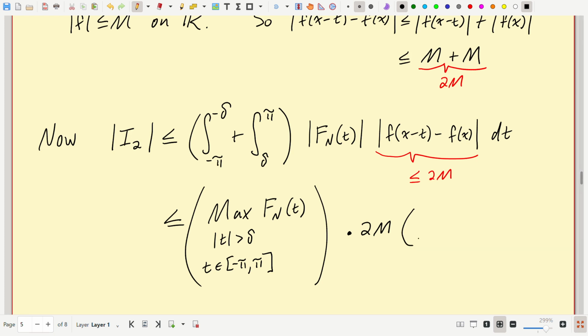Let's see what the length of the interval would be: minus pi to minus delta has length pi minus delta, plus the other one is pi minus delta also in length. Well, that's 2 pi minus 2 delta.